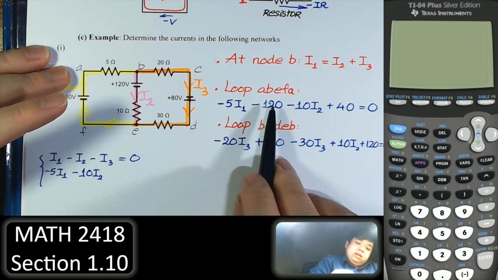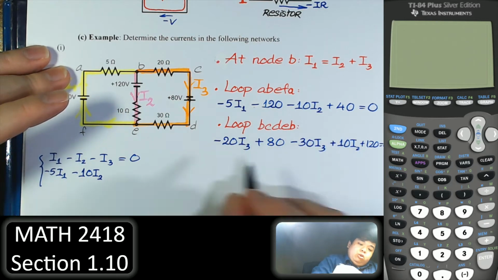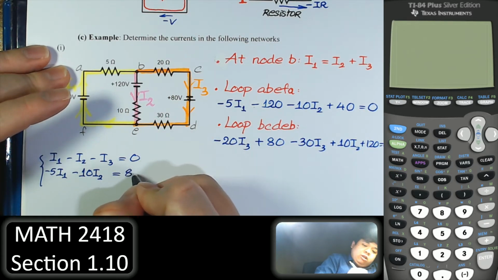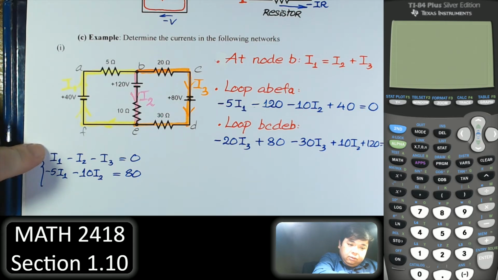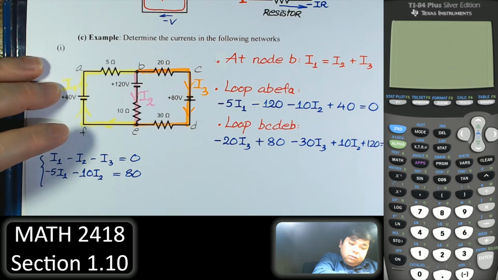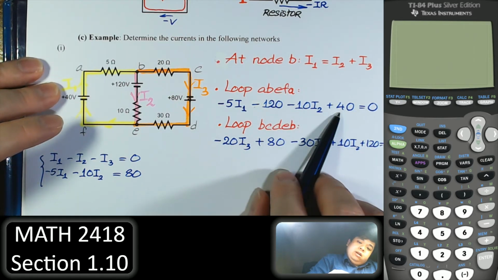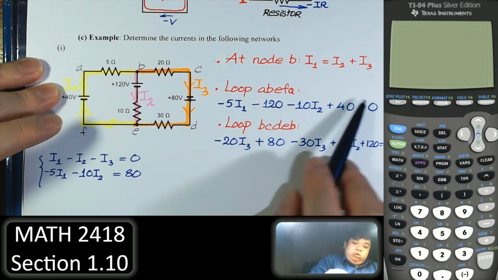Negative 80, move to the other side, that's positive 80.